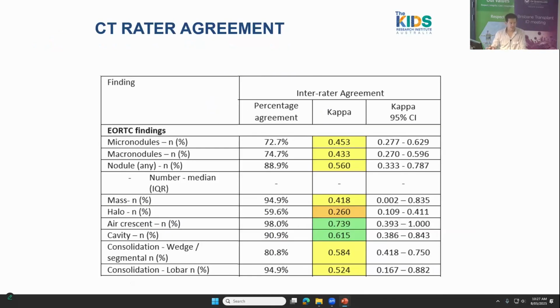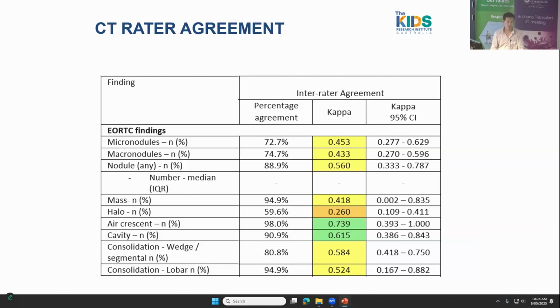We only had 2 raters in this, but even between the 2 radiologists, we found there was not always perfect agreement in identifying nodules, and particularly for halo sign, which is important because I think that's something we have in our minds as clinicians as being more specific to invasive mold infection.